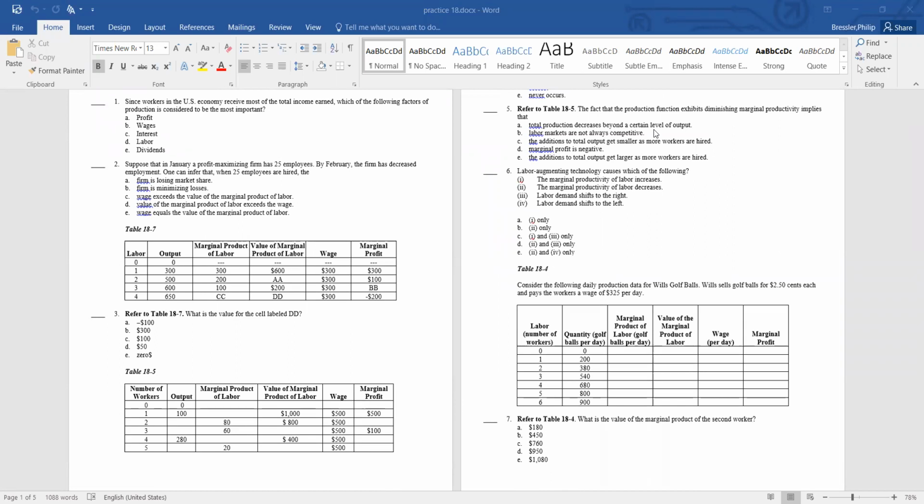Labor augmented technology is going to make you more productive. So I1 is going to be good. It's not going to decrease productivity, so I2 is not good. Because you're more productive, demand is going to shift right. So it's going to be 1 and 3, which is C. Did that make sense to you, Kevin?